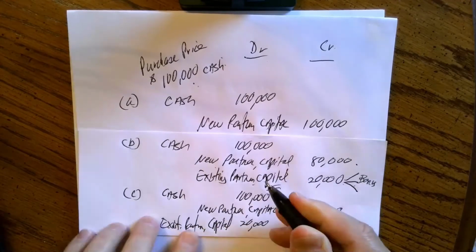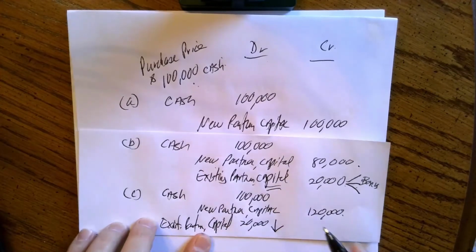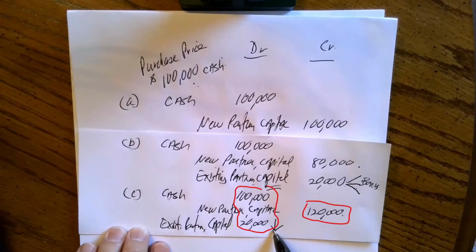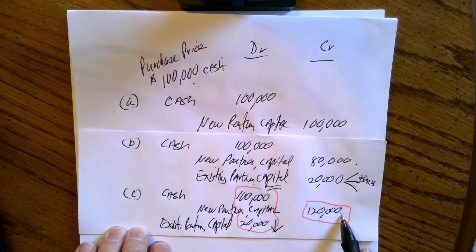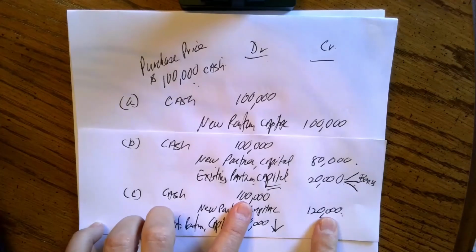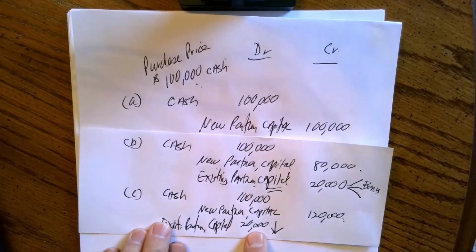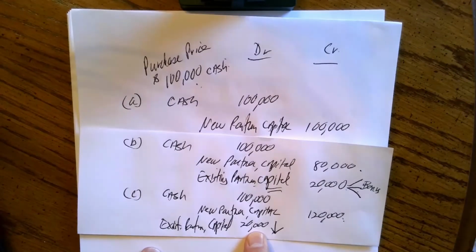In other words, the existing partners have to reduce their capital balances in order to give that bonus to the new partner. A $20,000 bonus comes from the existing partners' capital. They give up their share to the new partner.